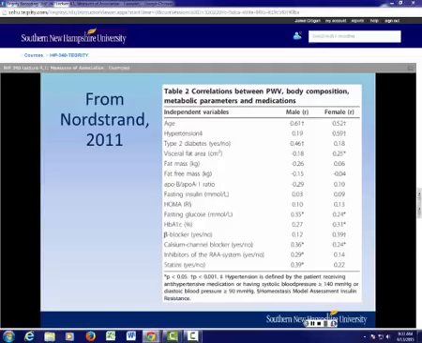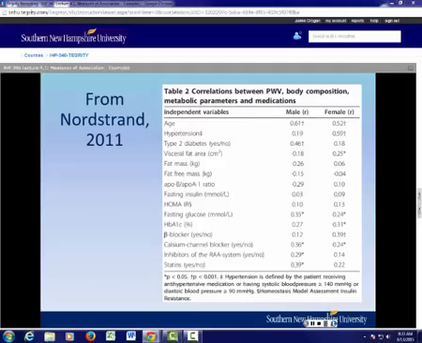So it must be age compared to PWV, and hypertension compared to PWV, and type 2 diabetes compared to PWV, etc. So each of these in the list is being compared to PWV. So these are done separately for males and females. They give you a footnote at the bottom that you should read.